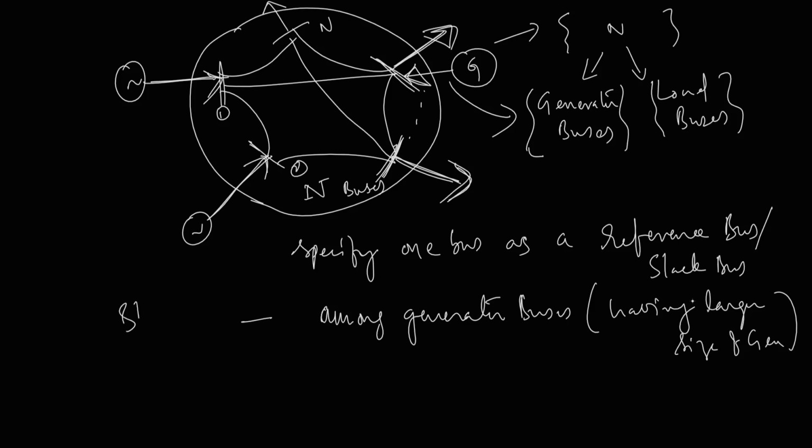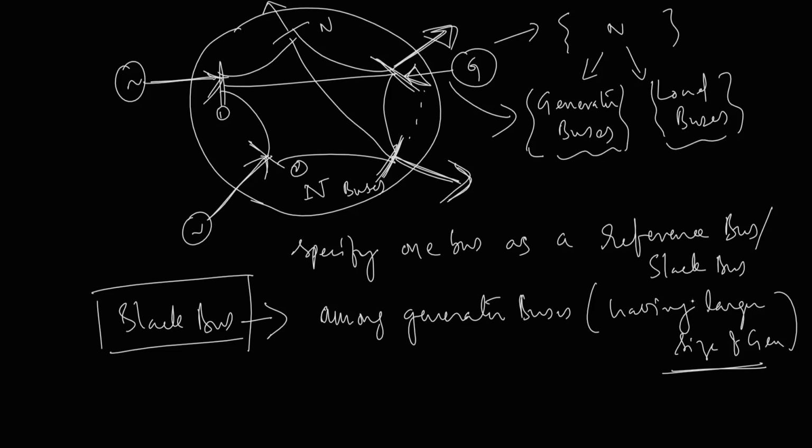So the slack bus is normally chosen among generator buses which have the larger capacity generator connected to that bus. That is the normal tradition. Now how many types of buses are there? Mainly two groups, but among generator buses, I take one as slack bus and all the remaining are generator buses.